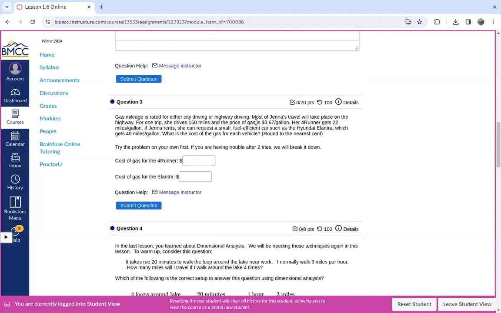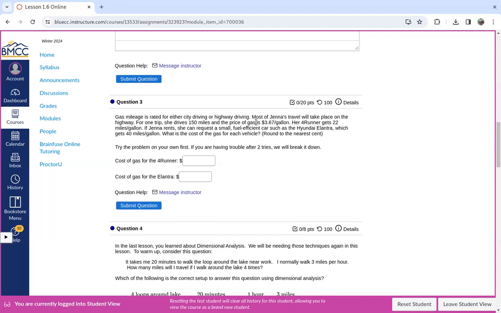So we want to take note of the different things here. So we have her 4Runner, and that gets 22 miles per gallon. Just taking notes here. I'll put it up on the screen in a sec. And we have the Hyundai, and that's 40 miles per gallon.